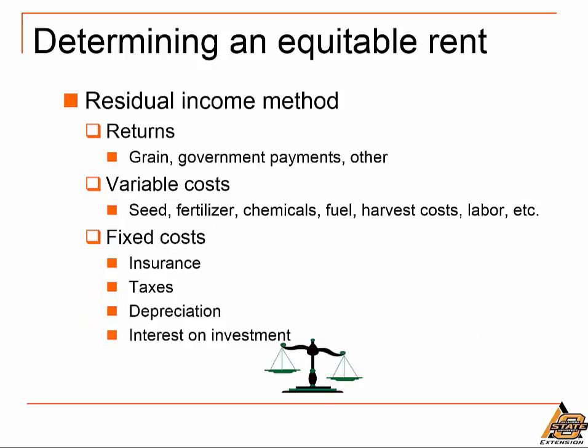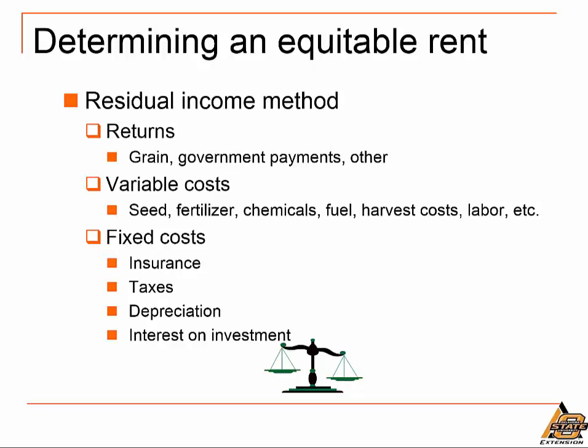The residual income process essentially requires developing a budget that itemizes the expected returns and the costs contributed by the two parties. The variable costs are those that change with the level of production, while fixed costs will be incurred whether or not production is started or bears fruit. Variable costs include inputs such as seed, fertilizer, and chemicals.